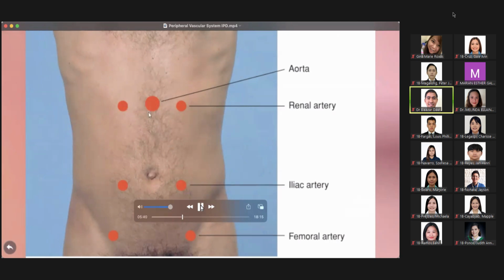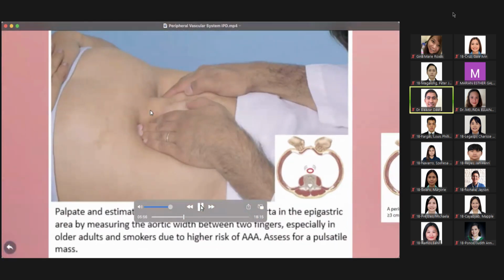You can briefly auscultate in these areas: renal artery, iliac artery, femoral artery. If there is obstruction or a murmur here, you consider peripheral arterial disease. Then you can palpate and estimate the width of the abdominal aorta.